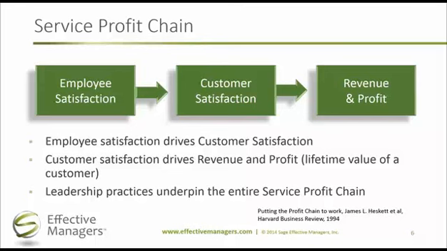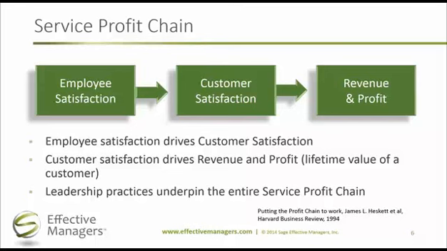I think anyone that's managed for any length of time understands this relationship between employee satisfaction, customer satisfaction, and revenue and profit. So the issue then is if employees are more satisfied, then customers are more satisfied. That results in a lifetime value-added customer, and at the end of the day, more revenue and profit for the organization.